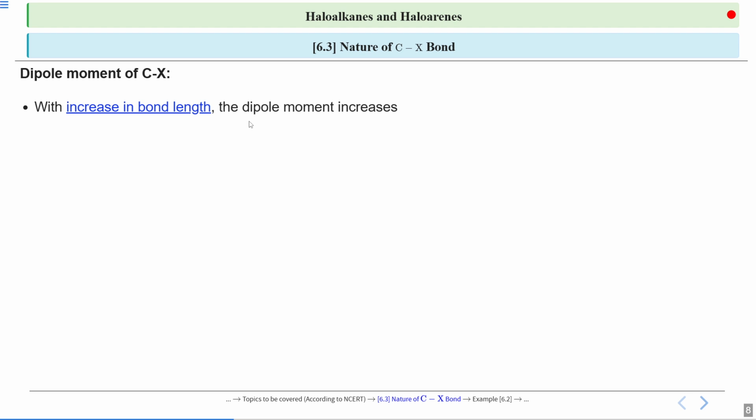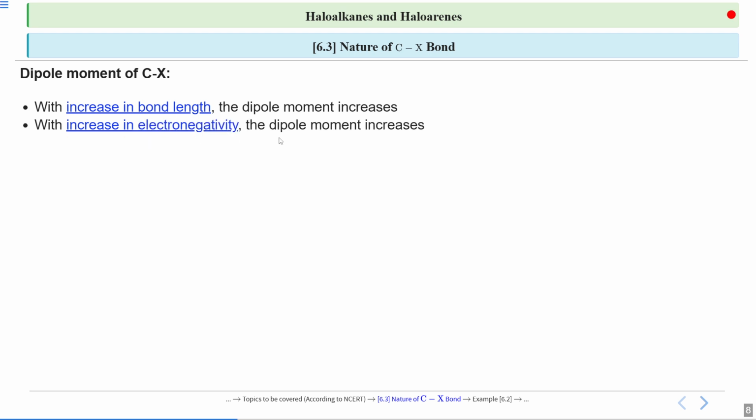Due to the polarity, there is this distribution of partial charges on both atoms of the carbon halogen bond. And bond length increasing means the separation between these two positive and negative charges is increasing. And if the separation is increasing, the dipole moment will also increase. So greater distance between the charges means greater dipole moment, because the dipole moment formula is charge into distance, right? So as the charges separate more and more, the distance will increase, which means the dipole moment will increase.